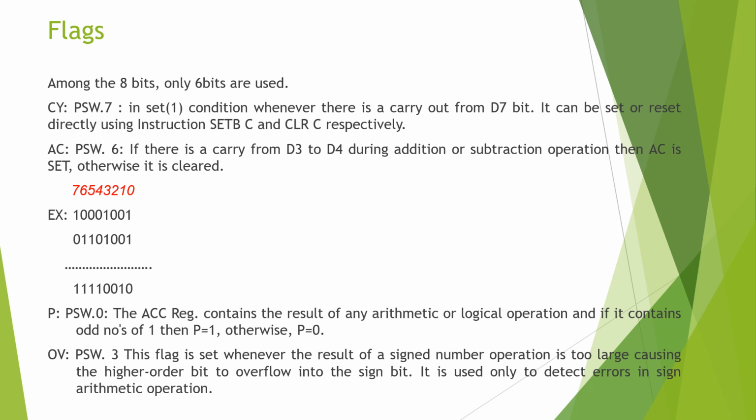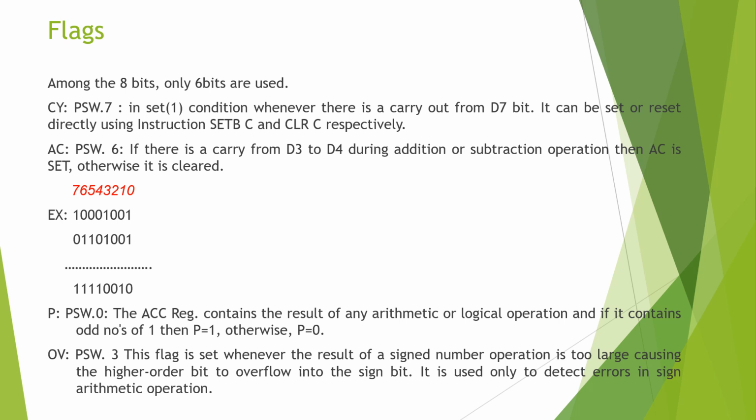So here we are taking an example. Suppose we want to add 1000 and 1001. The digits 76543210 written in red color indicate the bit numbers, and these are the bits.